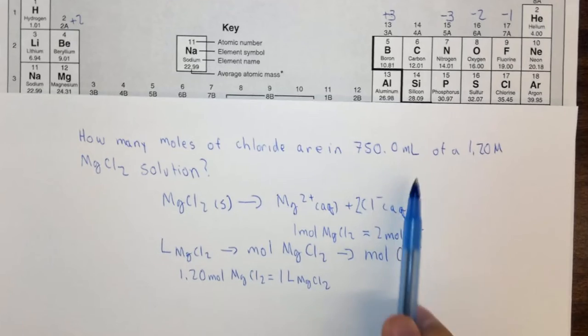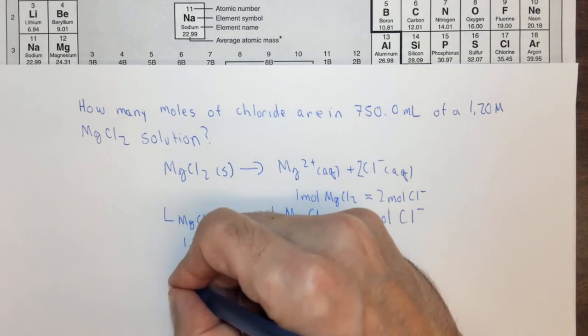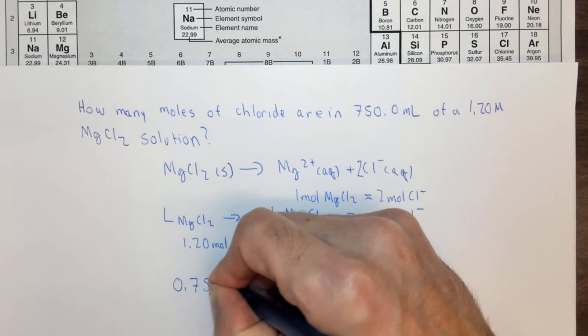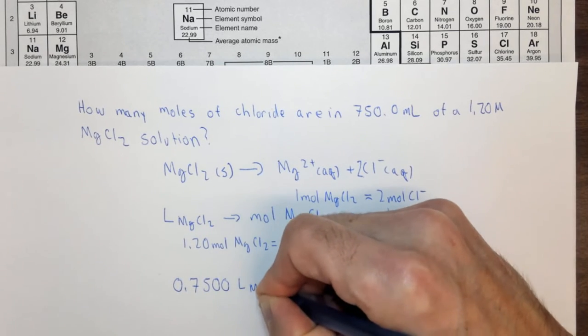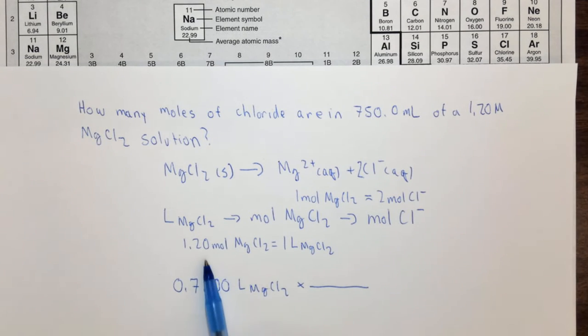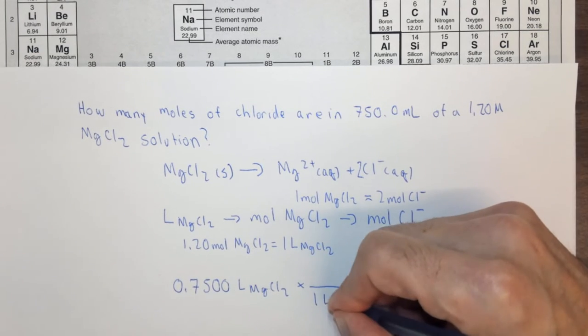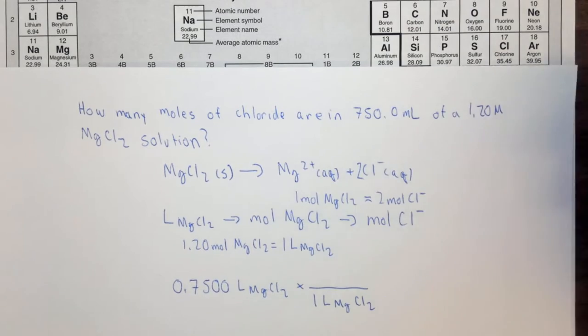Now, starting by converting our volume to liters, divide by 1,000: 0.7500 liters of the MgCl2 solution times... Well, what do we want on the bottom? Do we want the 1 mole or the 1.20 moles or the 1 liter? Well, we want liters to cancel out, so we put the 1 liter of MgCl2 solution on the bottom.